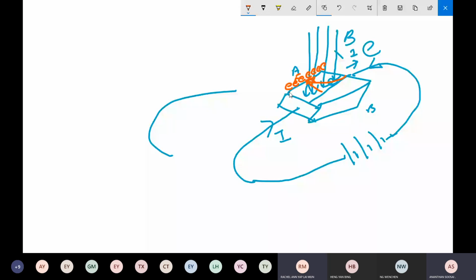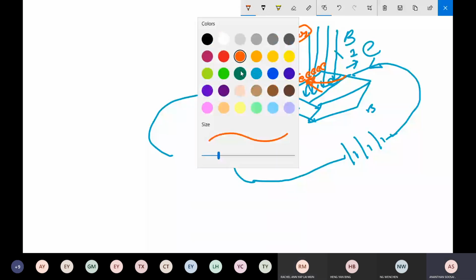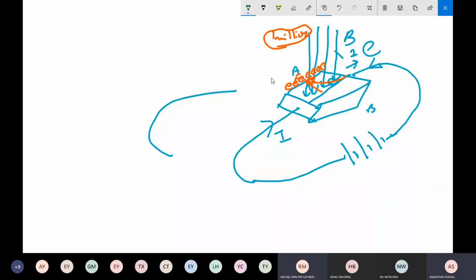Maybe the first 1 million electrons coming out of the wire, because there is a magnetic field applied, are all pulled upwards to A and get stuck on top. They drifted to the top. When this happens, plate A becomes negatively charged.